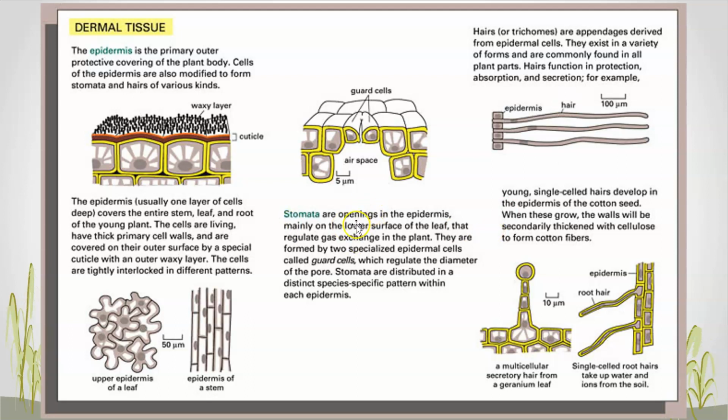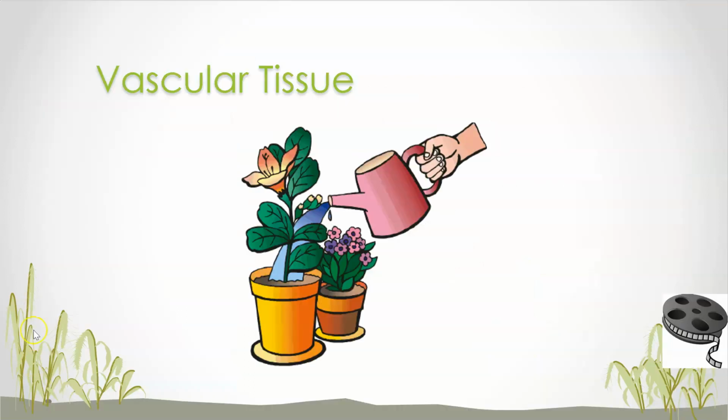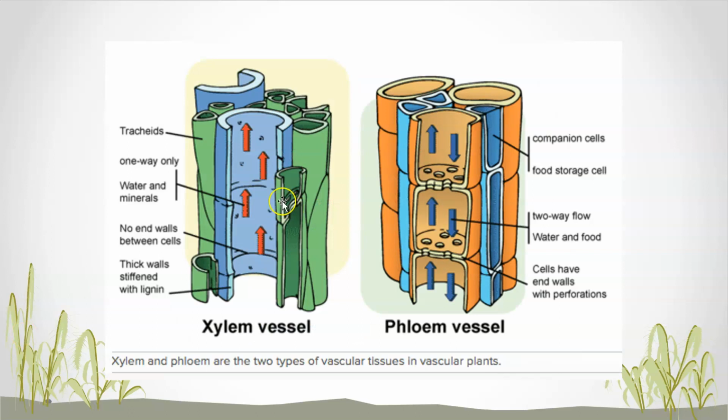Stomata are part of the dermal tissue, which are openings that allow gas exchange with the environment. They are opened and closed by guard cells. So that's dermal tissue. Vascular tissue is the tubes inside plants.